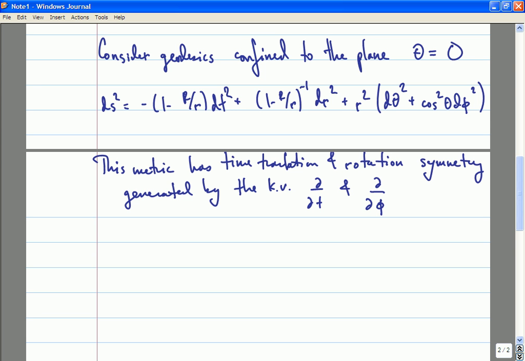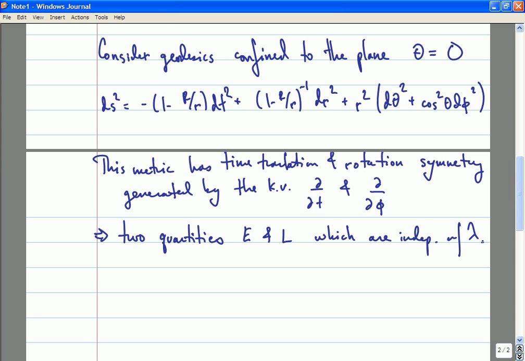And as we saw last week, the fact that there are these symmetries means that there will be two conserved quantities. So that means that there will be two quantities which we can call E and L, which are independent of lambda.